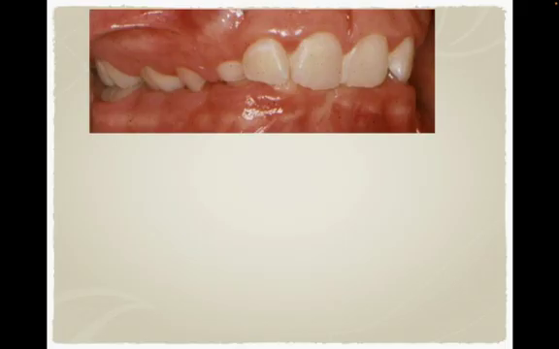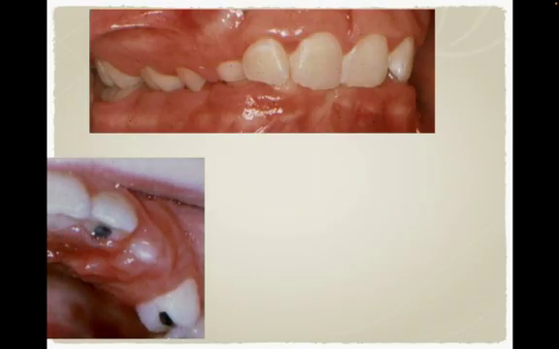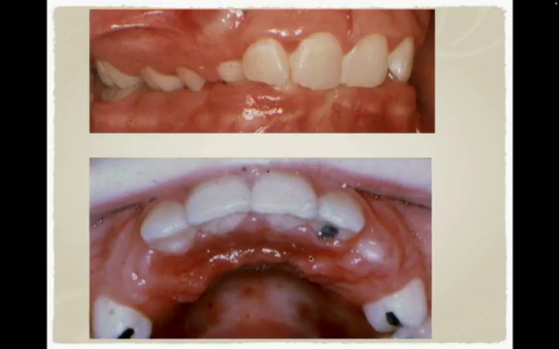So now, class 2 division 2 patients usually have a deep overbite because of the anterior growth rotation and because of the retroclination of the upper and lower incisors. Now, because we have retroclined upper and lower incisors, and because we have a deep overbite and anterior growth rotation, it's quite often expected to see traumatic overbite.